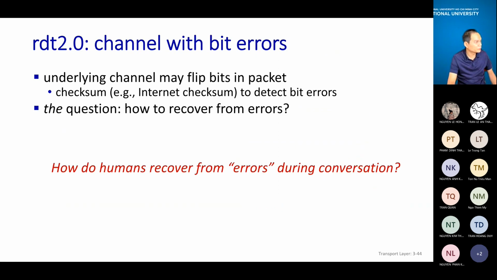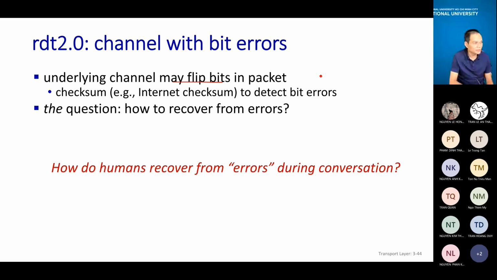Okay, so we're going to move on to version 2.0. Version 2.0 introduces the first unreliable parameter, which is that the channel may flip bits in the packet.